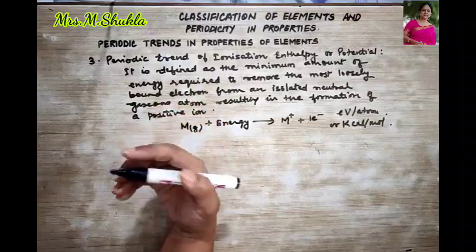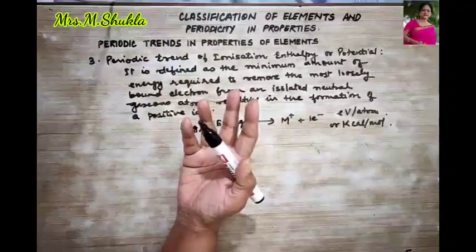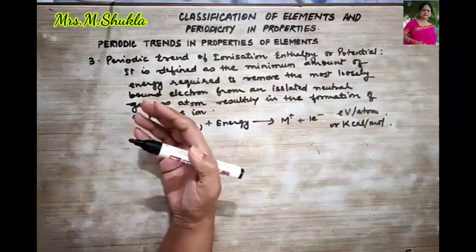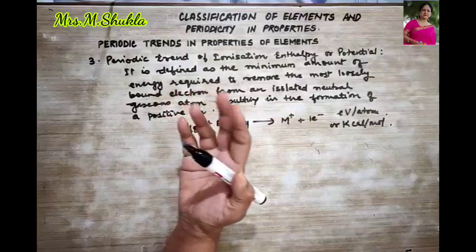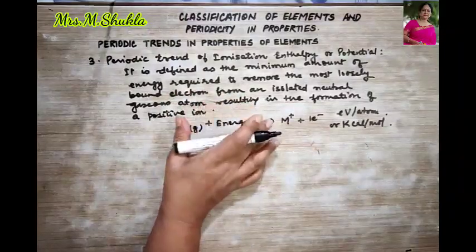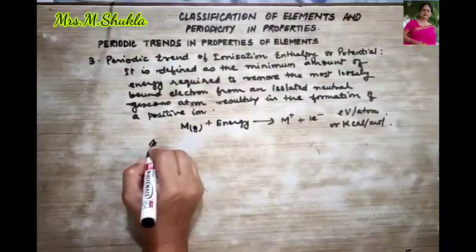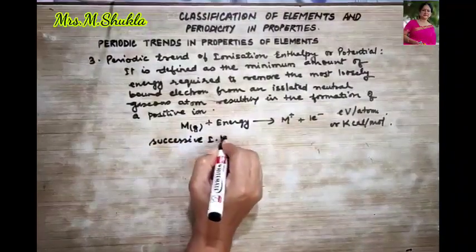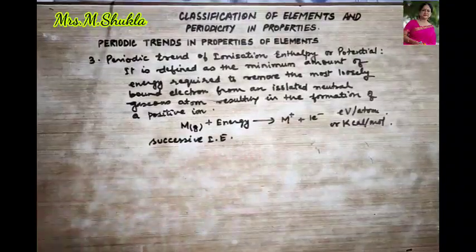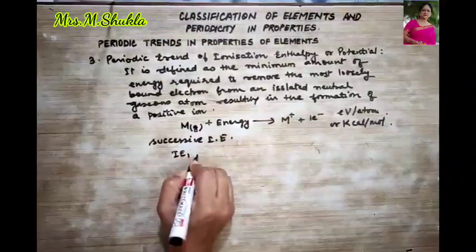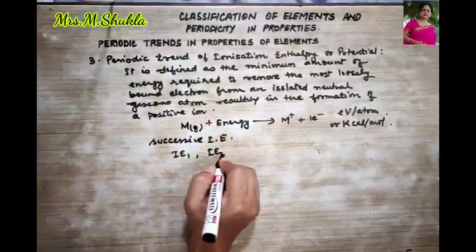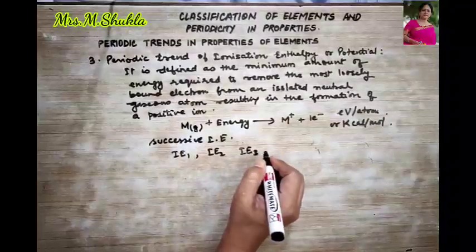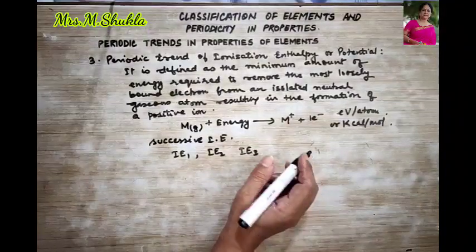So energies are required to remove the subsequent electrons, and thus we can say that these energies, to remove the second electron, the third electron or the fourth electron, in general we call them as successive ionization enthalpy, right? And they are denoted like IE1 or IE2 for the second ionization energy, then IE3 for the third successive ionization enthalpy, and so on.